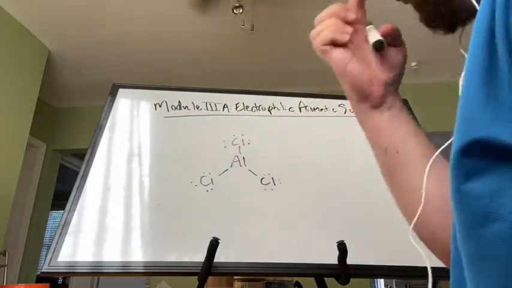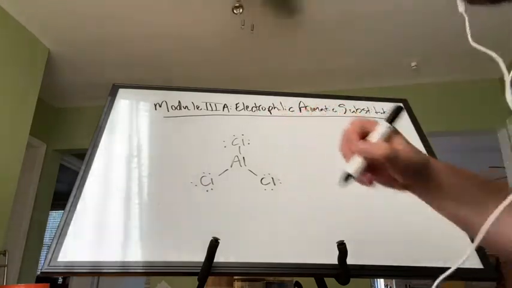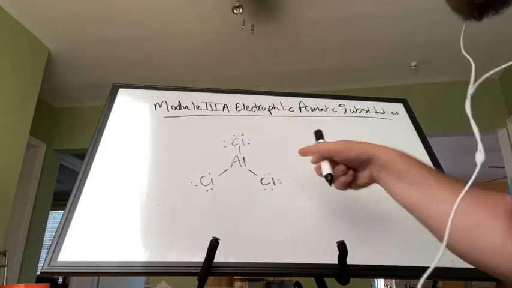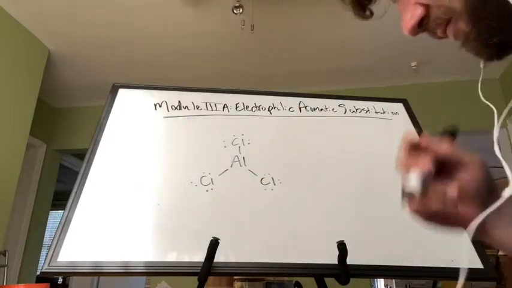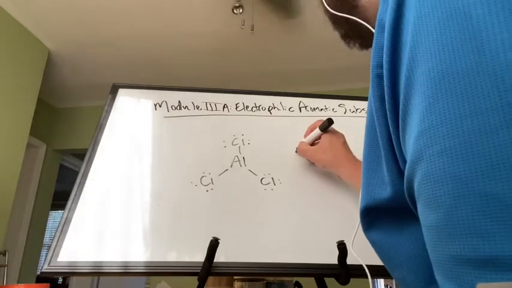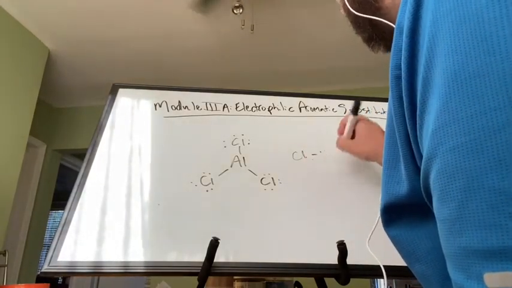So remember that chlorine is going to be much more electronegative than aluminum, so it's going to be pulling electron density away in 3 different directions. So that means aluminum is pretty much electron starved in this particular instance. Okay, so if you have, let's say, Cl2, whoops.